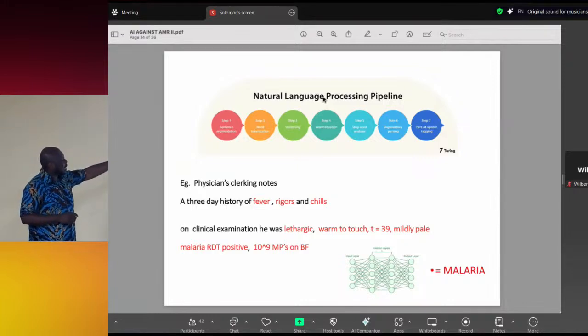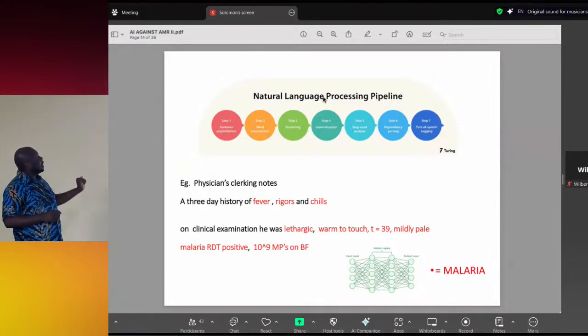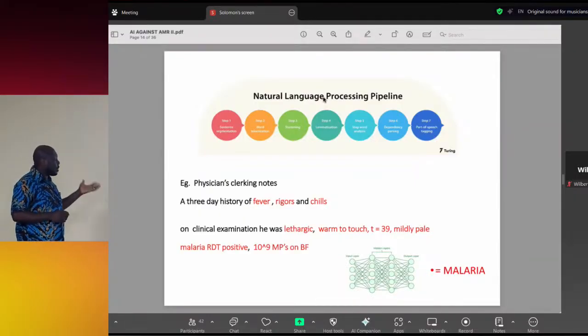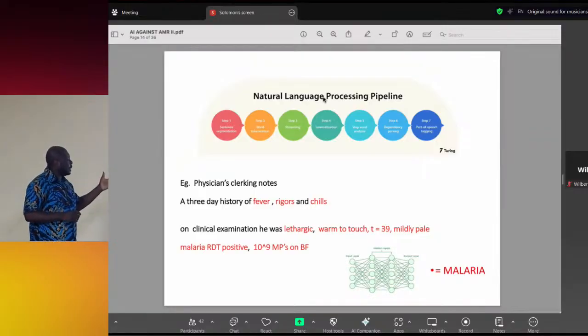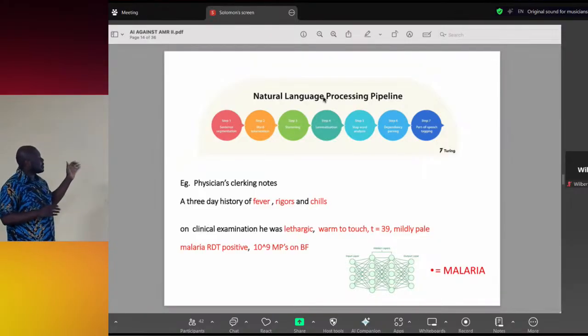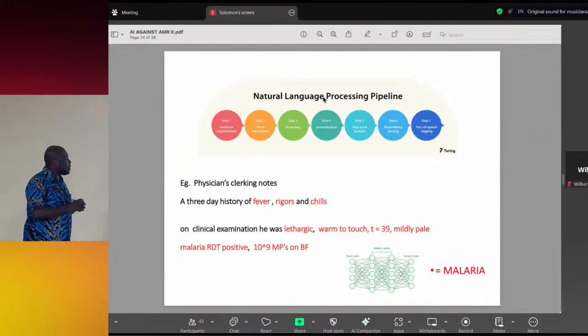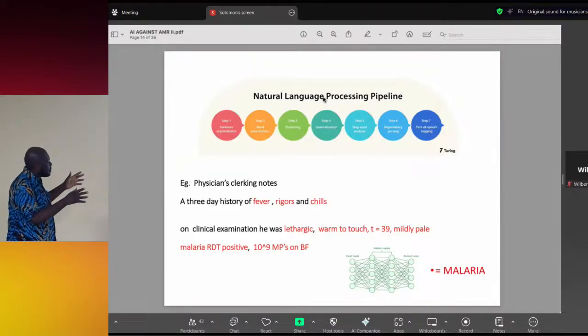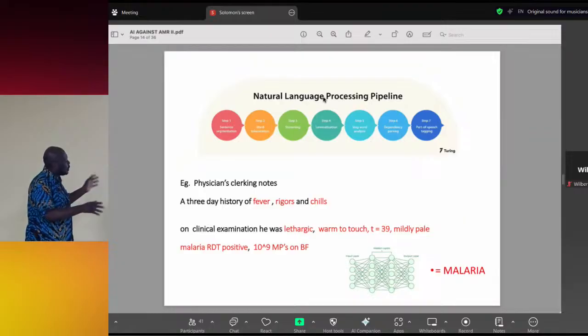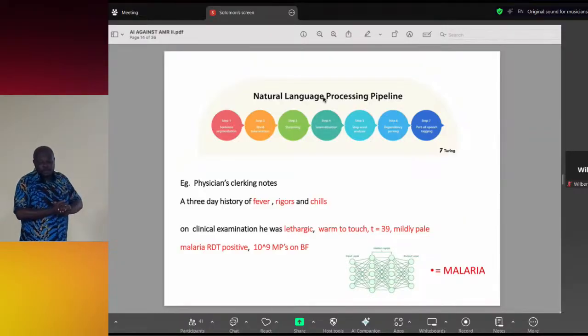We identify various parts of it, segment them, tokenize them, and then at the end of the day, all these tokenized variables are fed to some neural network, the transformer usually, and then we are able to make a very good prediction that this information sums up to malaria. Similarly, if there was some pattern of resistance along this chain, the NLPs will be our best bets to be able to figure this out.